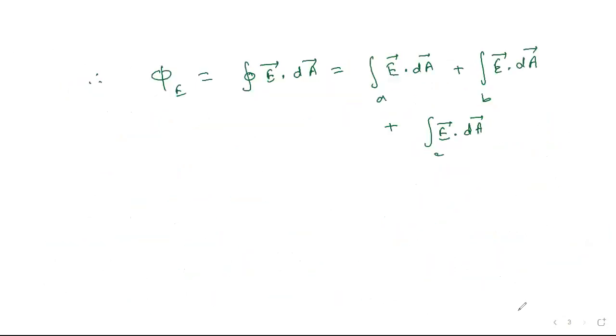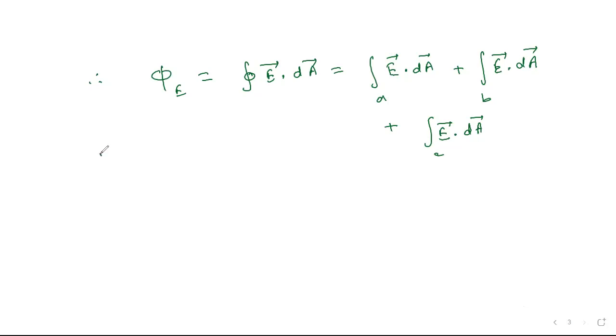Now what will happen because of that? For the left hand cap, the angle theta for all points is 180 degrees, constant over the surface of the left hand cap, and the vectors dA are all parallel.